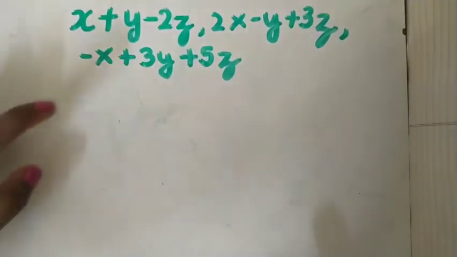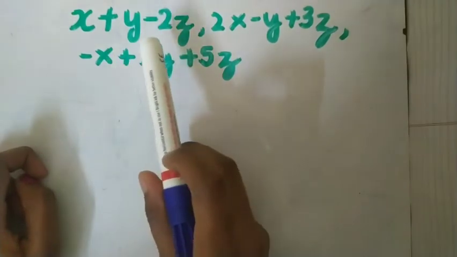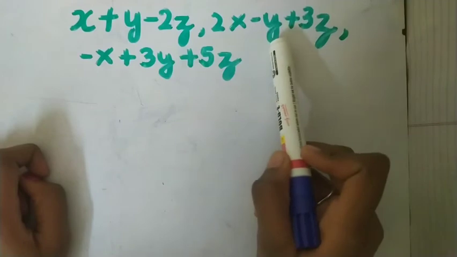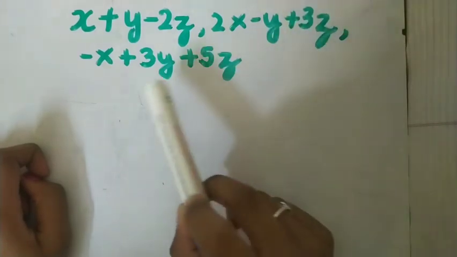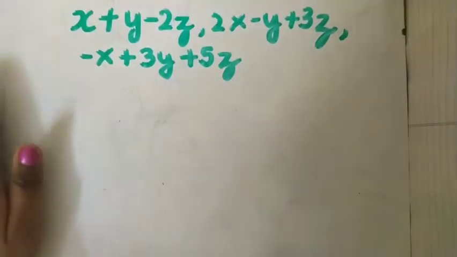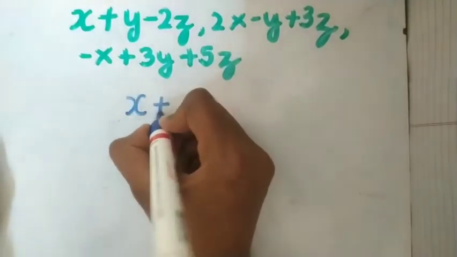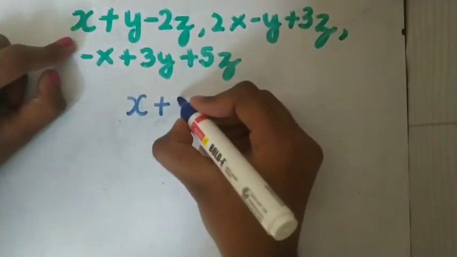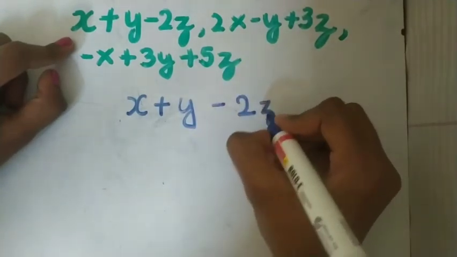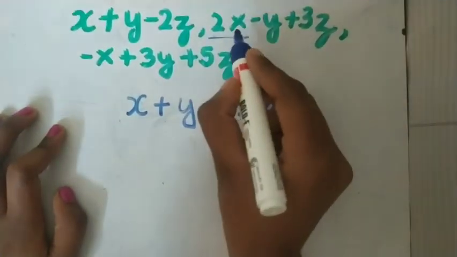Now this sum is addition. x plus y minus 2z, comma 2x minus y plus 3z, comma minus x plus 3y plus 5z. So now the easiest method is to write the first expression as it is, x plus y minus 2z. The next one is 2x, x is there, right?